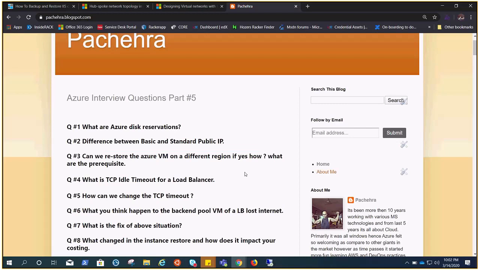Okay, so if you create your vault as GRS, only then you have the option by which you can enable CRR, that is cross region restore, under the configuration blade of Azure Backup. All right. So these are the two prerequisites. You got to enable CRR, cross region restore, and you got to create your vault as GRS, geo redundant.